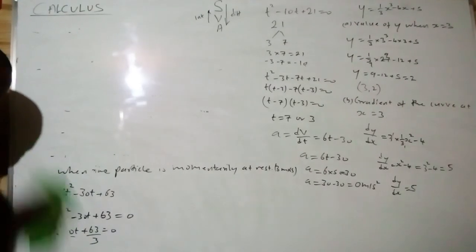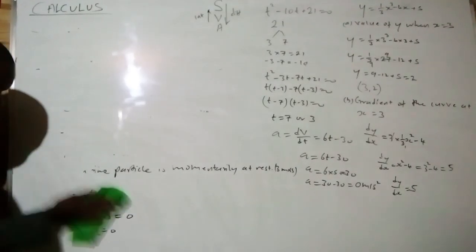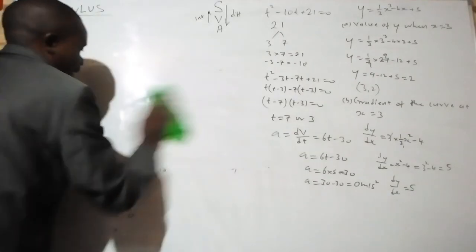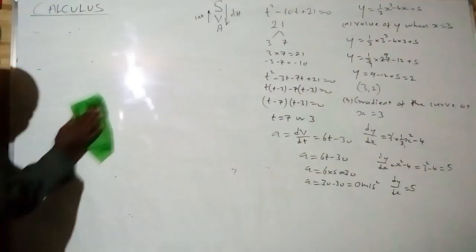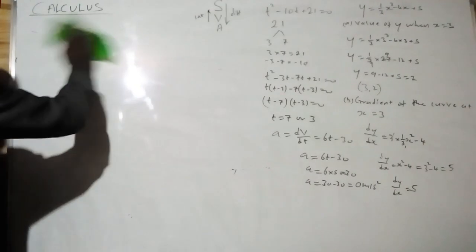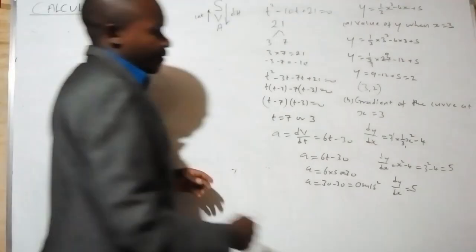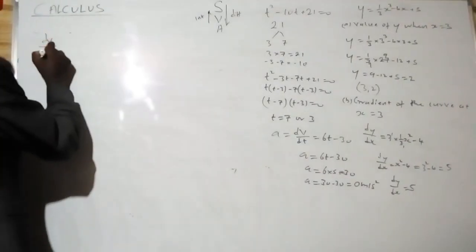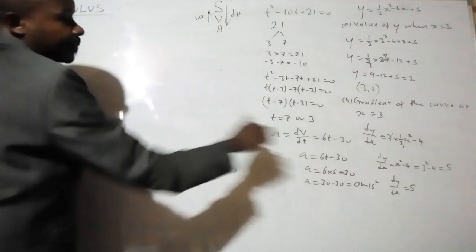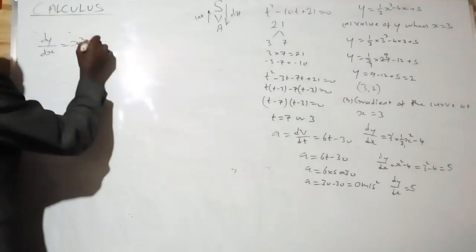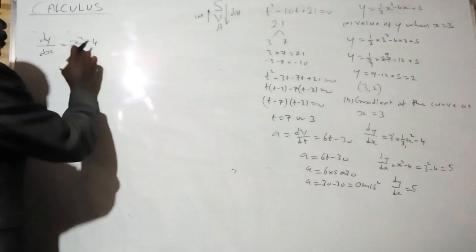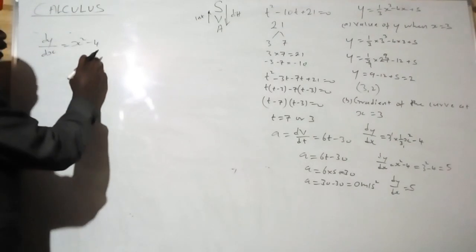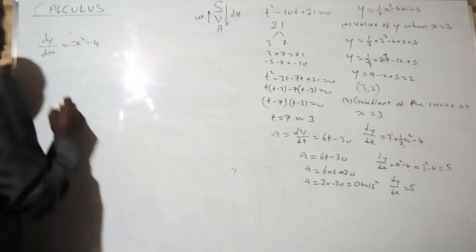To get the turning points of a curve, first of all, you take the gradient equation and equate the gradient to 0. This equation, dy over dx is equal to x squared minus 4, you equate to 0 to get the values of x.